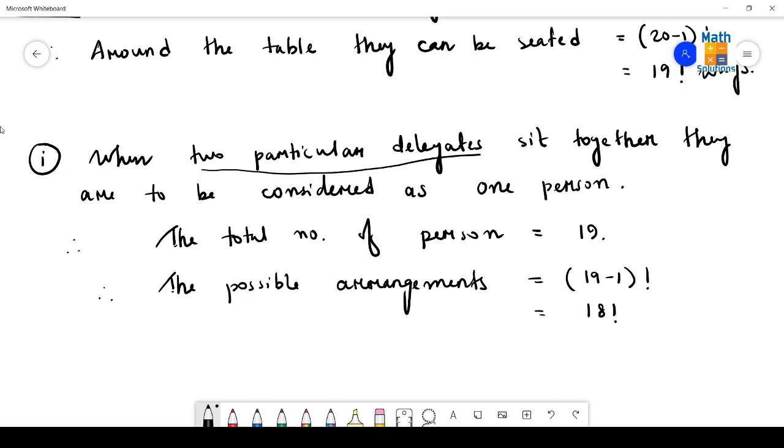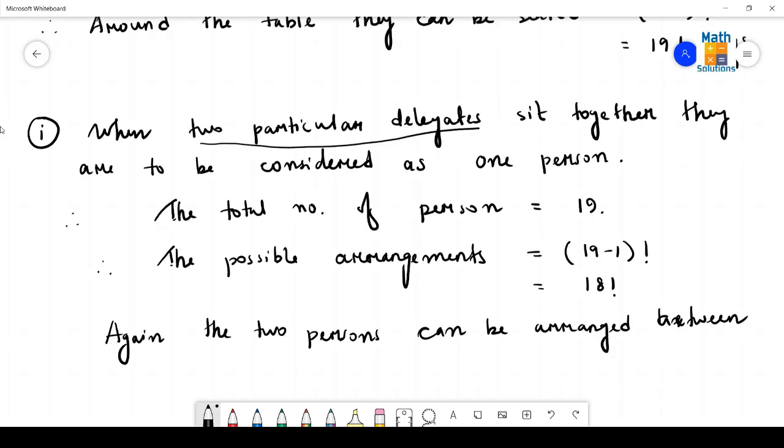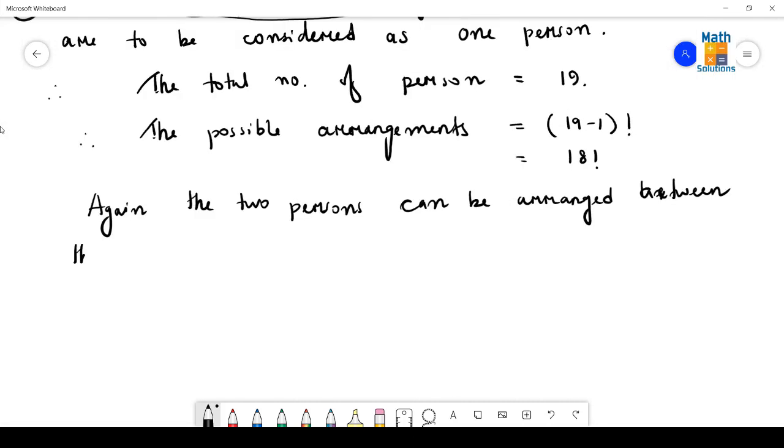So again we shall write here, the two persons can be arranged among themselves, or we can say between themselves, in 2 factorial, that is actually equal to 2 ways.